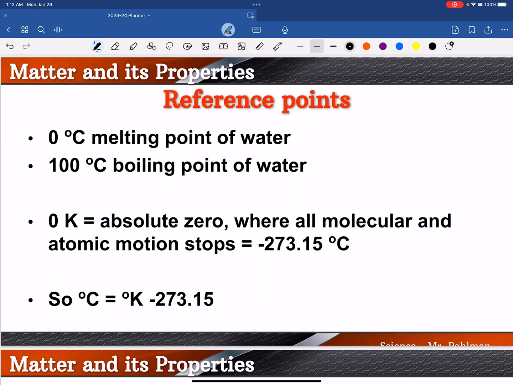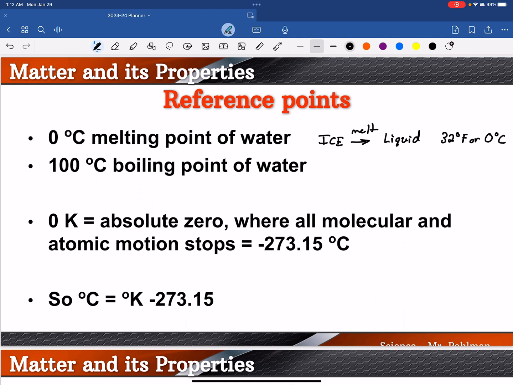So you have an ice, a solid that's going to melt into a liquid, and the temperature at which it is going to melt into a liquid is going to be 32 degrees Fahrenheit or 0 degrees Celsius.